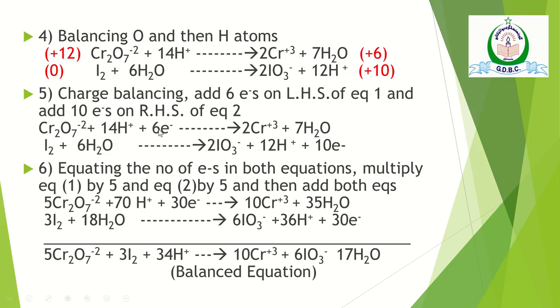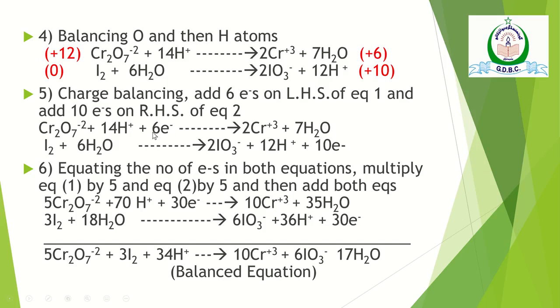An easier method is that one must take the LCM of these added electrons. For example, the LCM of 6 and 10 is 30. So we need to make 30 electrons in both the equations.